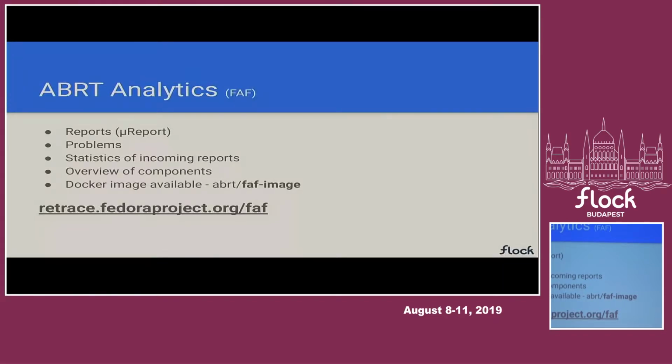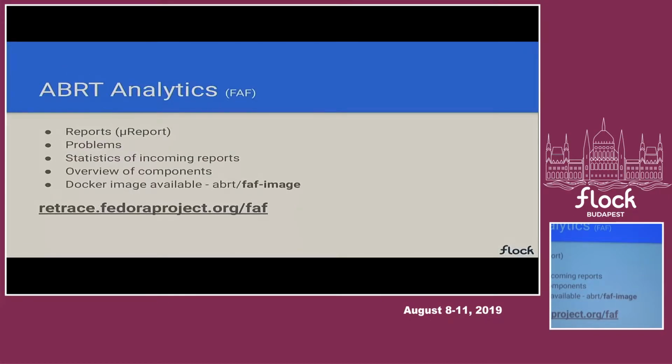ABRT Analytics also provides you with statistics of the incoming reports. You can see what's crashing in your application and get a basic overview of the components and what types of crashes you have. We have this retrace server on the Fedora project running, but you can also create your own instance.